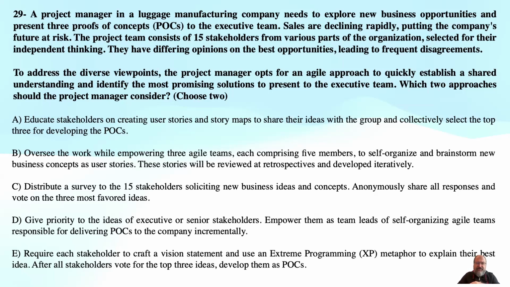Option delta is incorrect because relying solely on the ideas of executive stakeholders may limit the exploration of innovative concepts from other team members. It could result in a narrower range of ideas being considered.